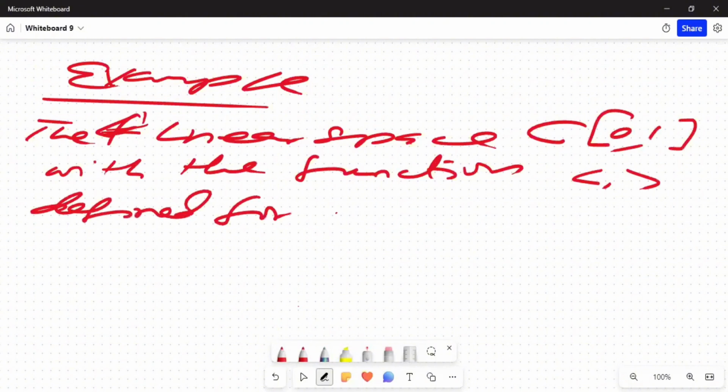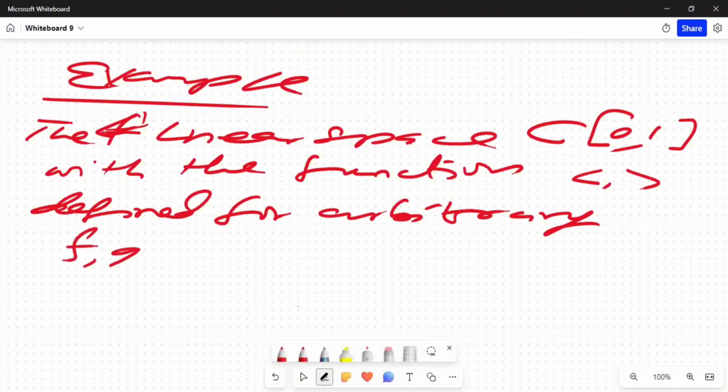Defined for arbitrary functions f and g in the space of continuous functions on the closed bounded interval between 0 and 1.